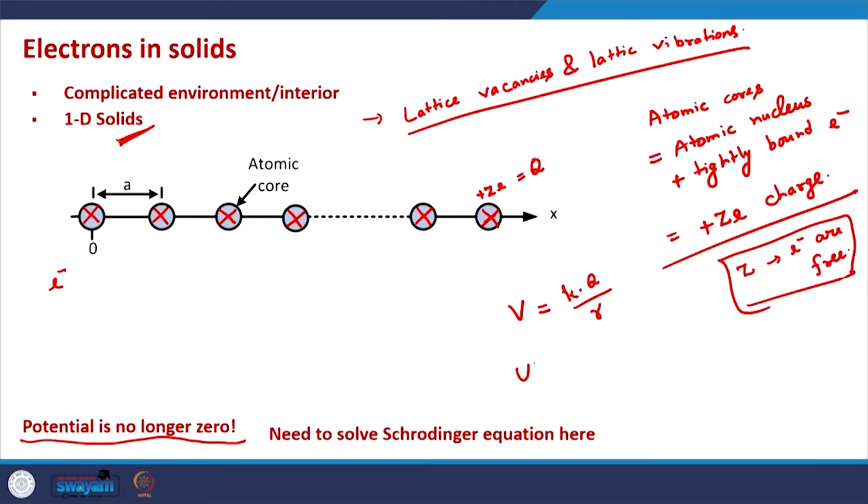And the potential energy of the electron would be the charge of the electron, which is minus e, times k q by r.